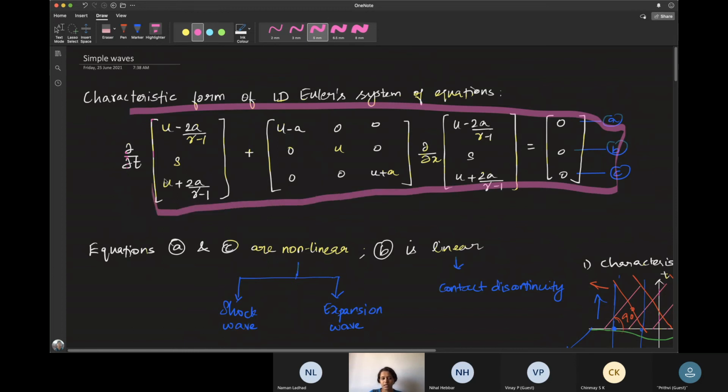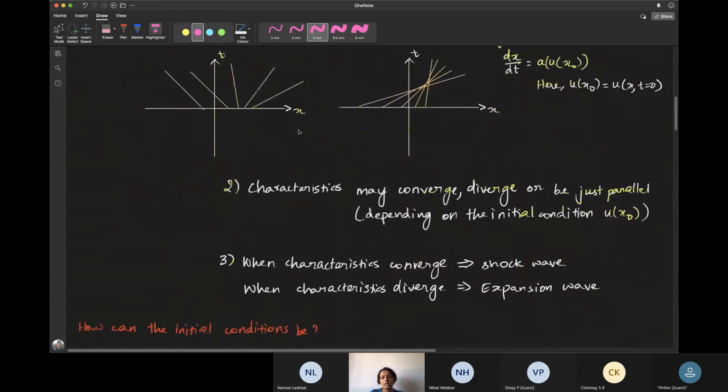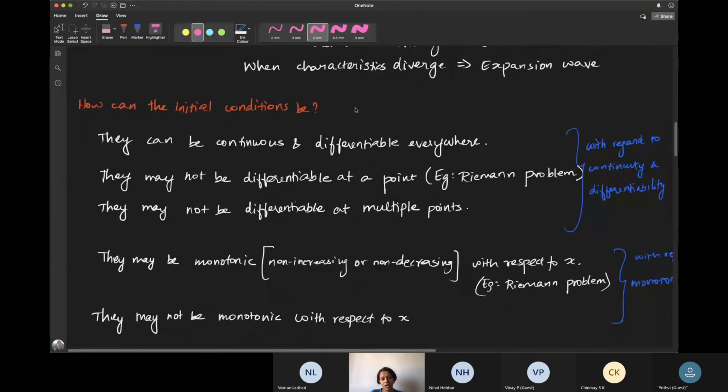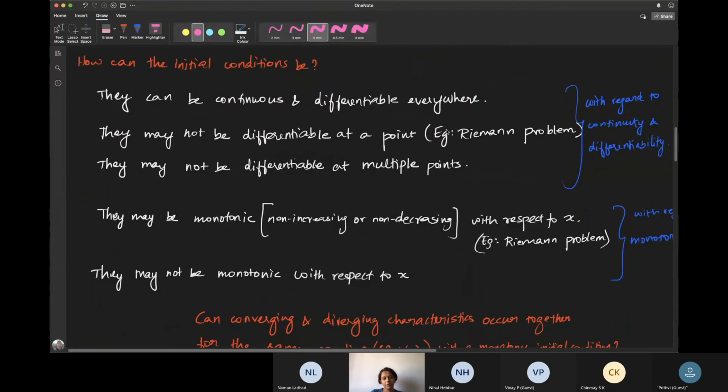So we have seen how each of these equations can give different types of solutions. Now let's see how the initial conditions can be, that is, what different kinds of initial conditions we can have. Initial conditions can be continuous and differentiable everywhere. That is one possibility.